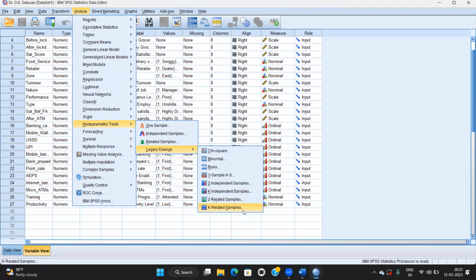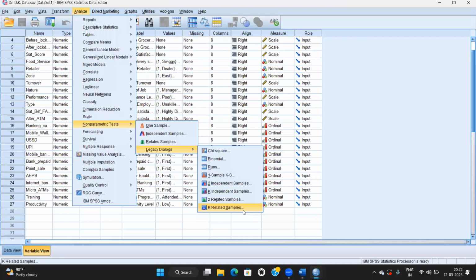Like the parametric test, in the case of parametric test, we divided it into t-test and ANOVA. T-test was further divided as one sample t-test, independent samples t-test, and paired samples t-test. One way ANOVA and 2 way ANOVA.